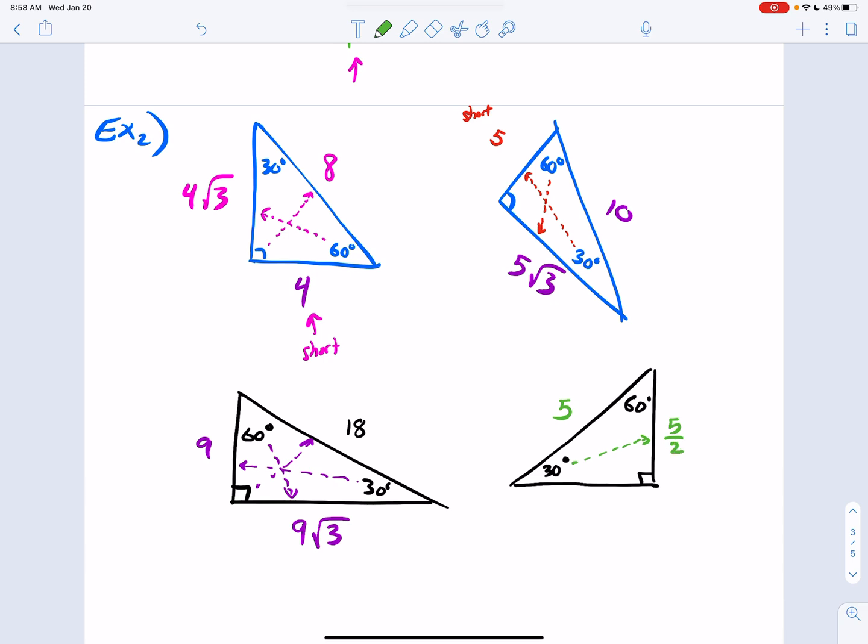You could leave it as a fraction, okay? Actually, it's preferred. So if the hypotenuse is 5, the short leg is half of 5, okay? And if you know the short leg is 5 over 2, what's the long leg, right? It's just the same thing, but with an extra radical 3. And that's it, okay?